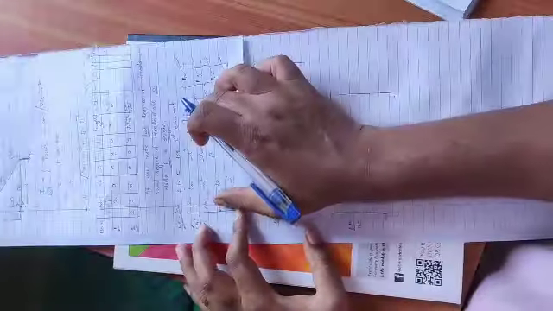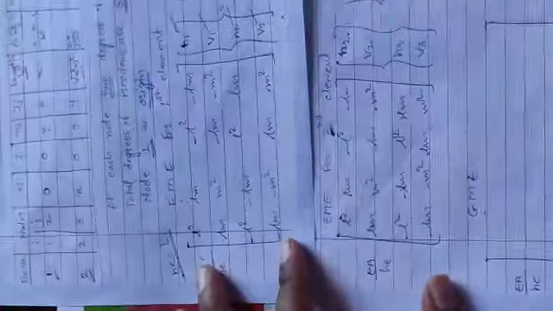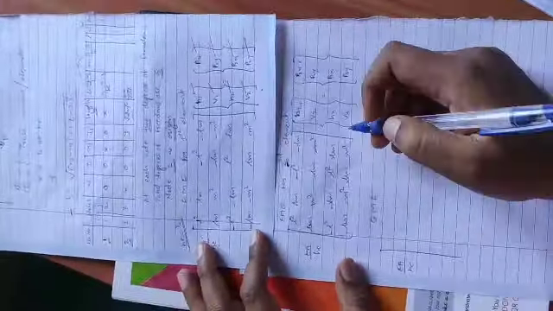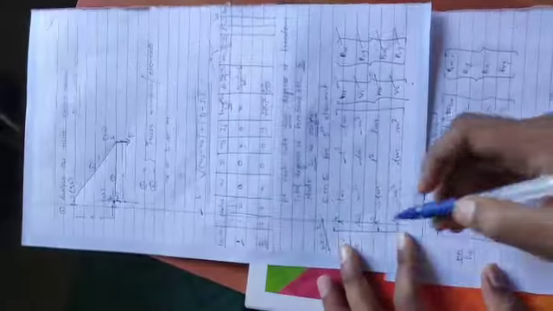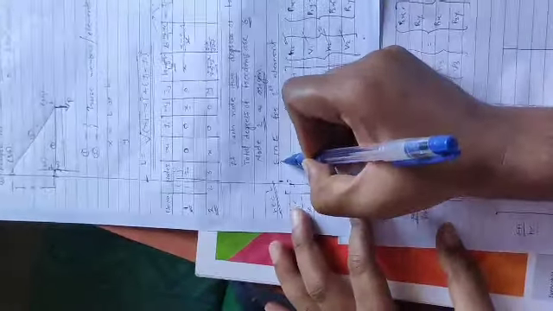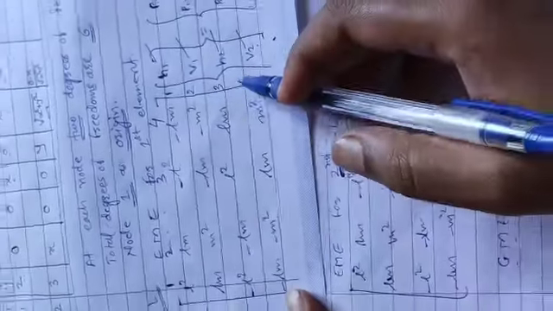Then, as we know, the first element lies in between node number 1 and 2, and it has degrees of freedom 1, 2, 3, 4. So I will write here 1, 2, 3, 4 degrees of freedom.